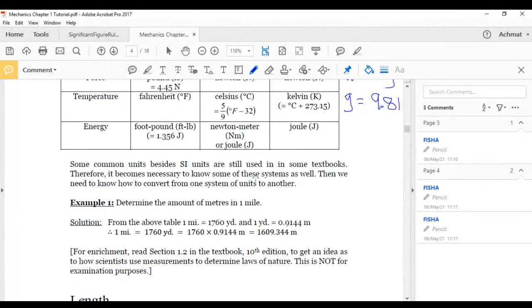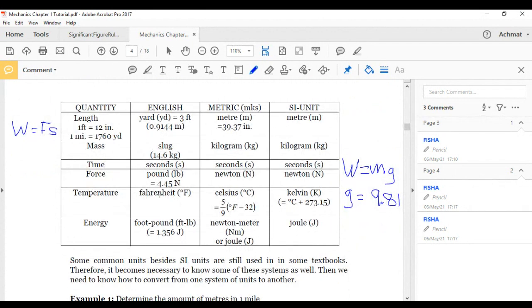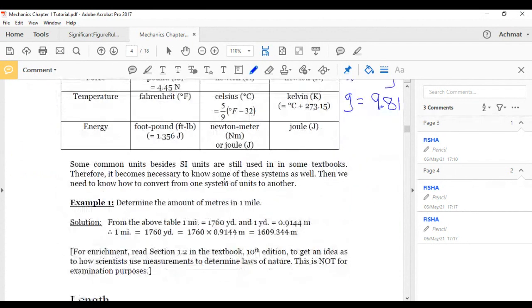And what is important about this? There are some common units, right? In different countries, they have different common units. Then you have the metric system and the SI system, right? Sometimes these common values are used in textbooks.